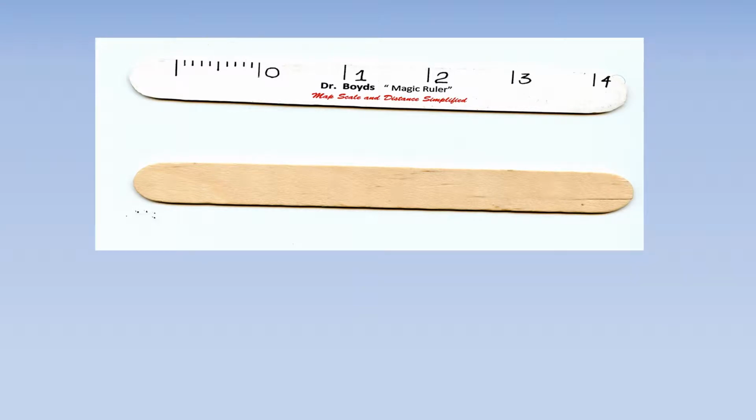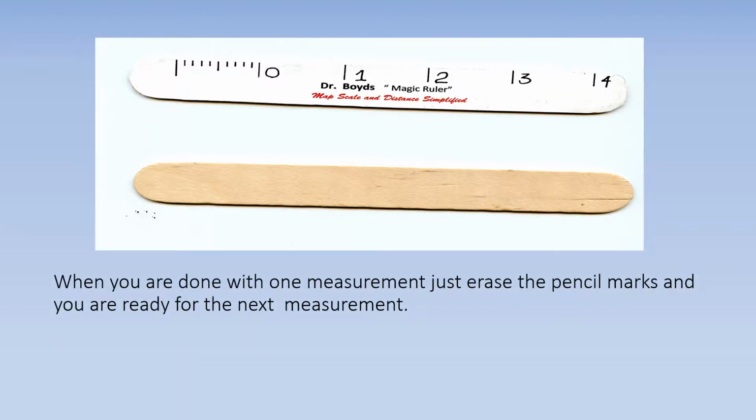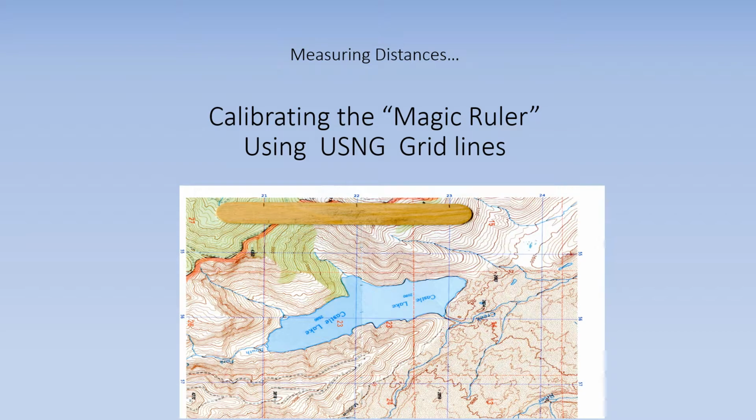A wooden stick with a plastic ruler attached to one side makes an all-weather map measuring device which works for any map scale. Trace the tick marks onto your ruler with a pencil.